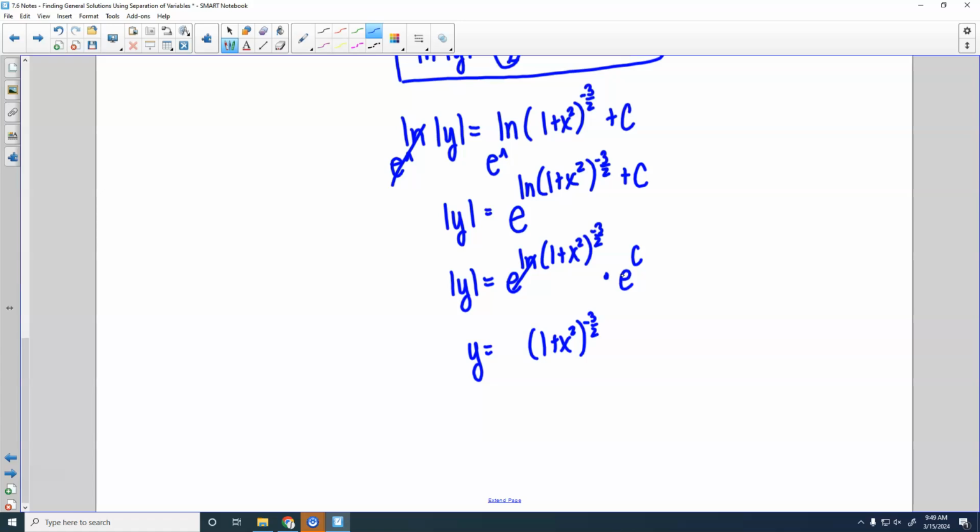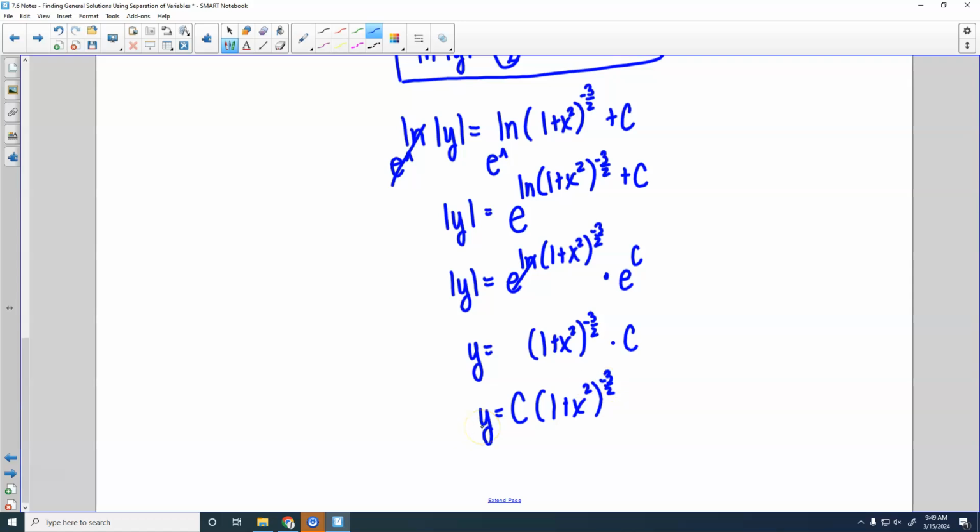E to an unknown value equals an unknown value. So I could just write that as times c, because c is like invincible. Nothing happens to it. And normally, we will see it written right here, c times 1 plus x squared -3/2, like this.